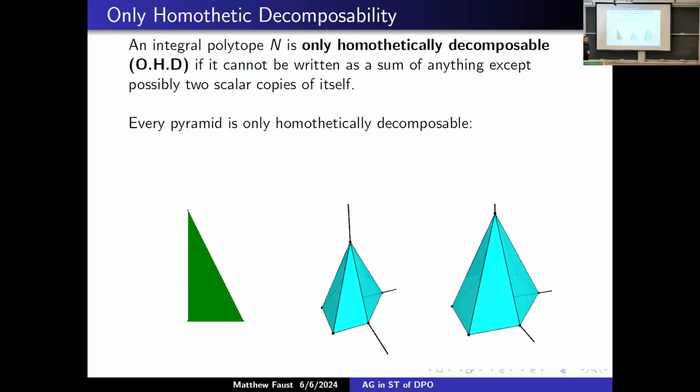An integral triangle can only ever be written as the sum of two integral similar triangles. So you need to preserve angles or side lengths. And other examples are the polytopes we've already seen. Both of these are pyramids. You have a pyramid over the base.